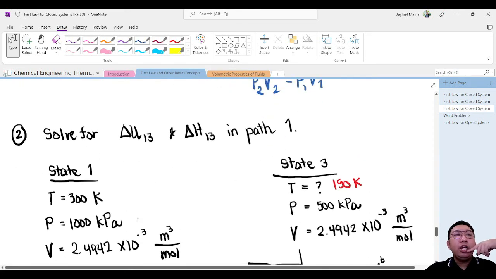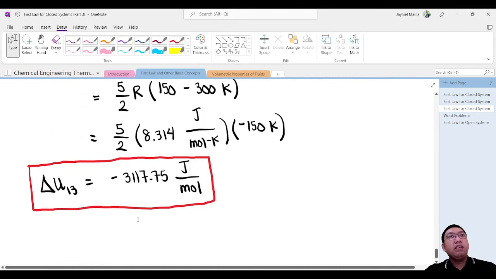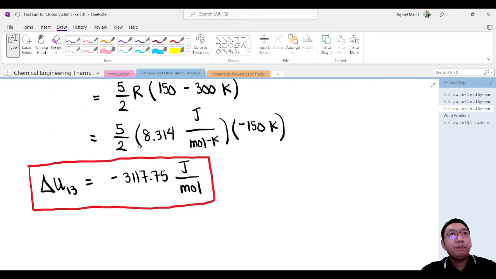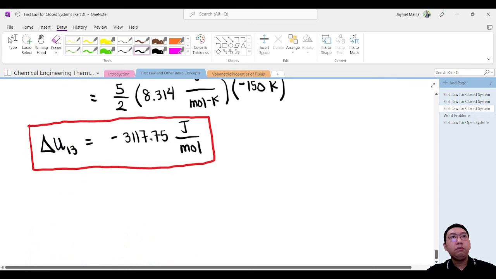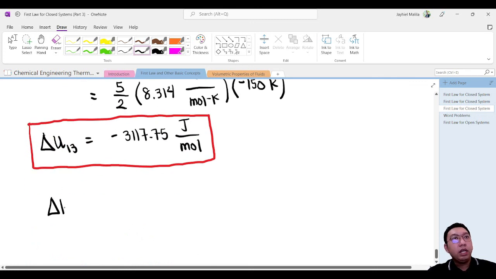Now, for the value of delta H13, delta H13 is basically the sum of delta U13 plus delta PV of 13.